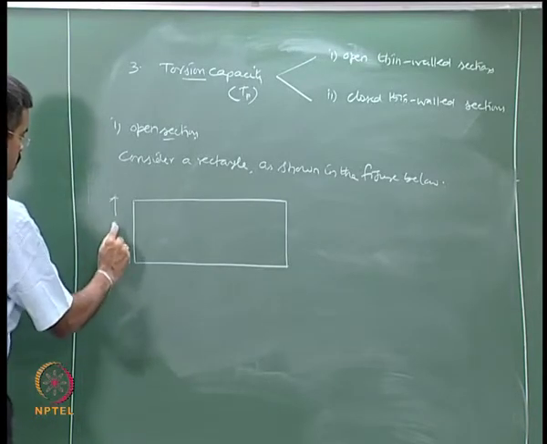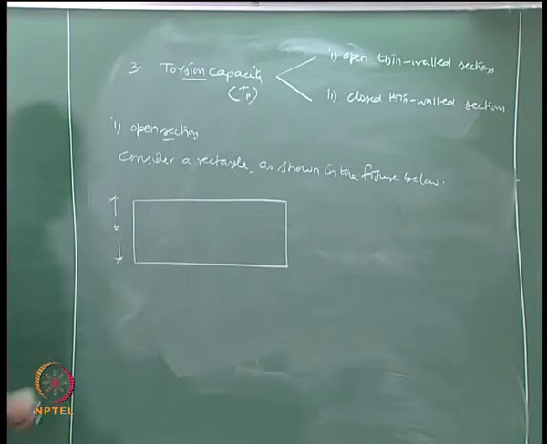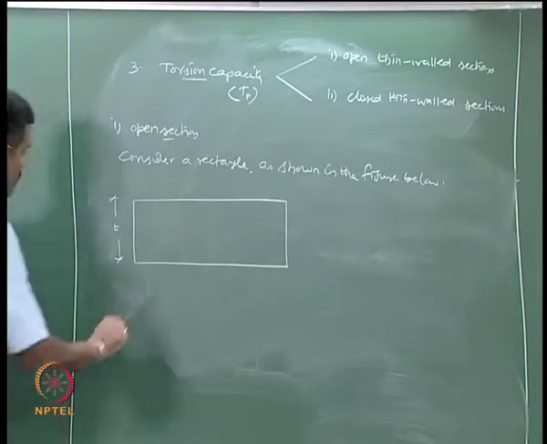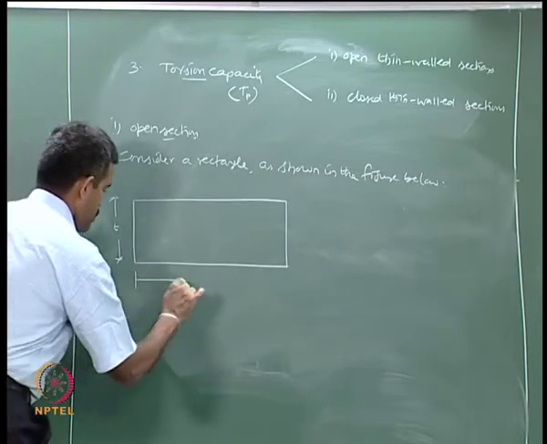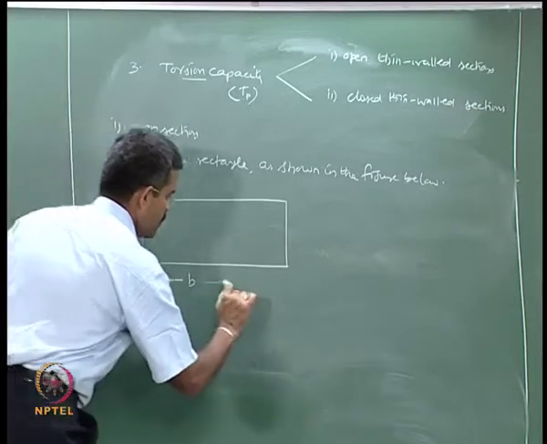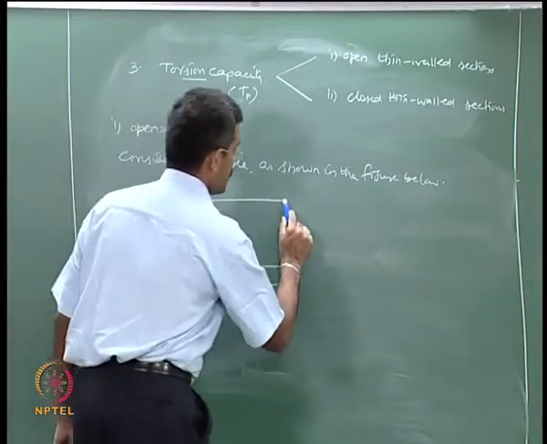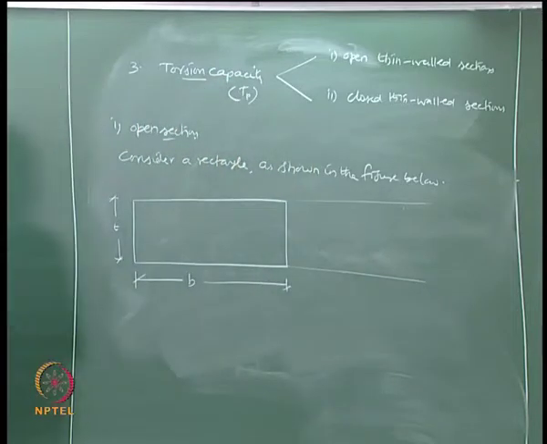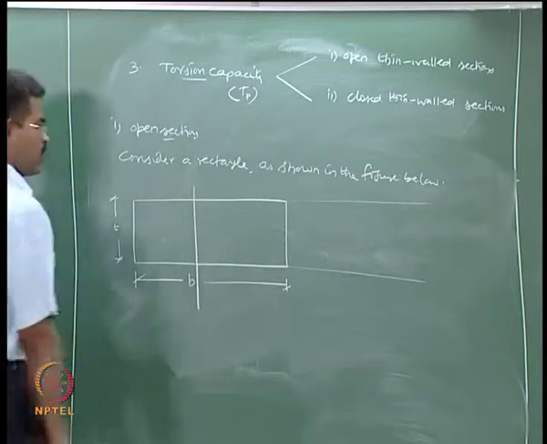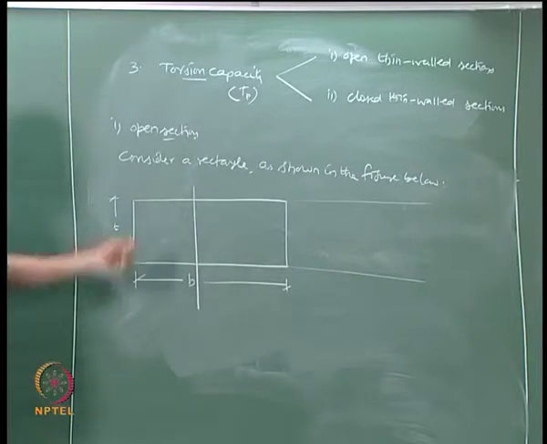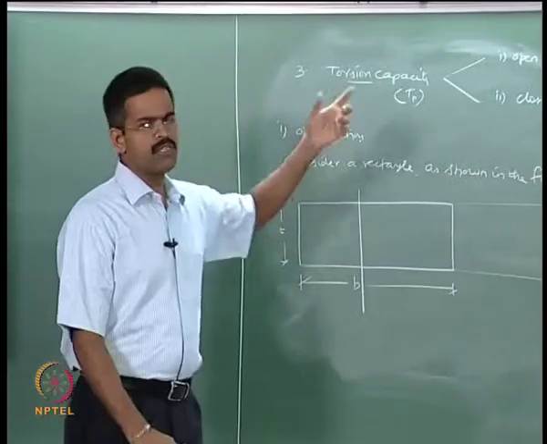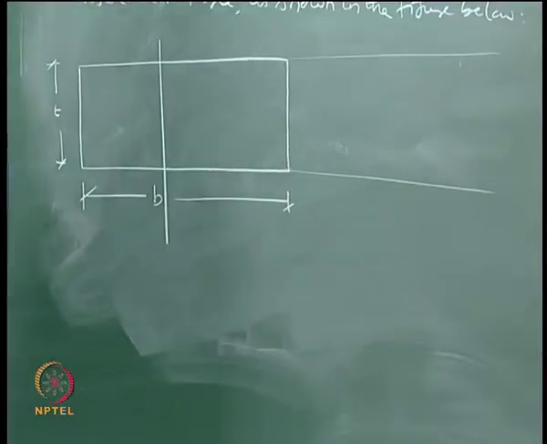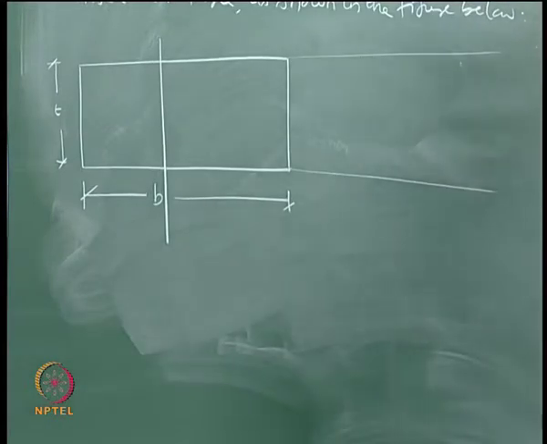This is my T and let us say this is my B. Let us say at any section I look at the shear distribution, because torsion is related to shear. You also know why we say torsion is related to shear. Any idea why torsion is connected to shear?